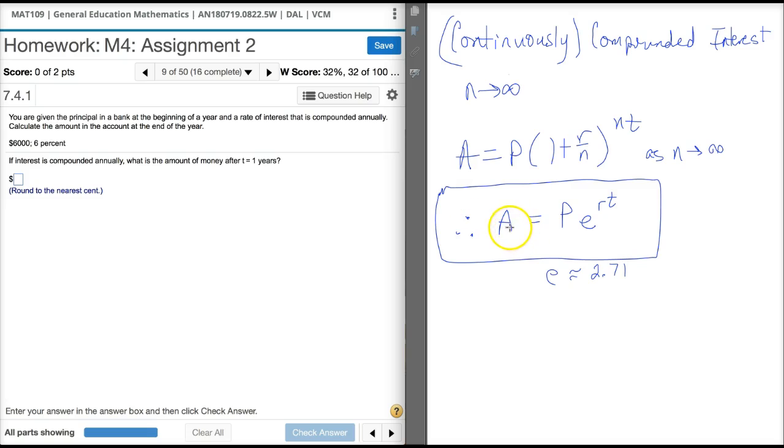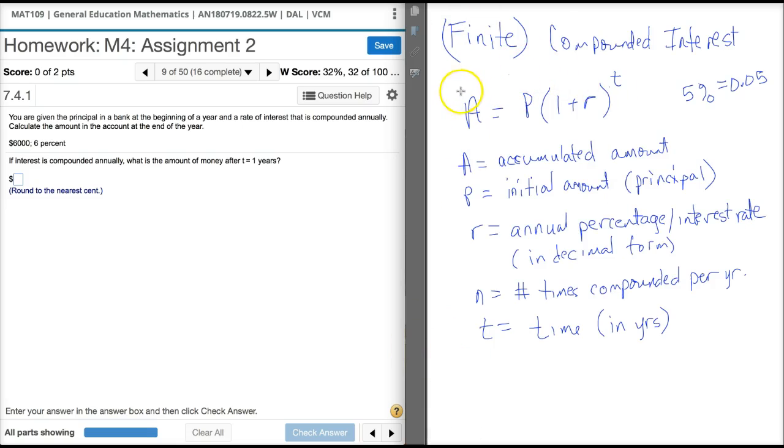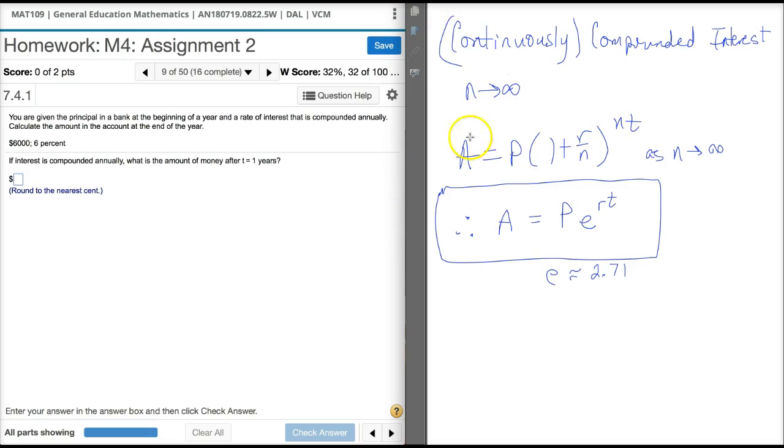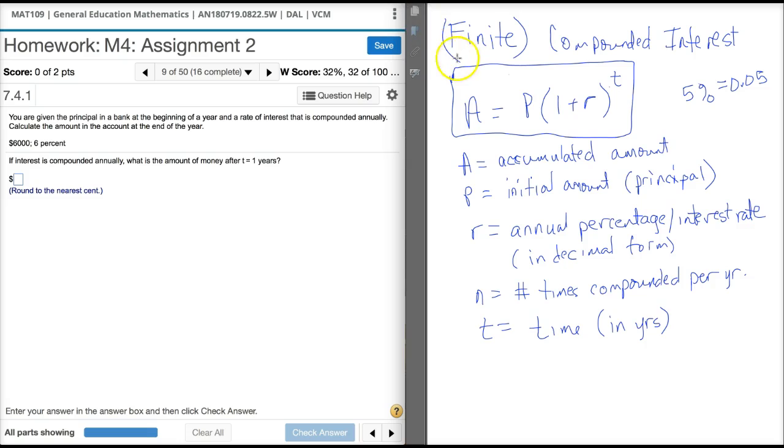The reason is that they want you to do all of your calculations using this simplified compound interest formula. Even when they ask for population growth problems, which you're going to see here, traditionally those problems are answered using the other formula, but for purposes of this course, we're going to use this one.